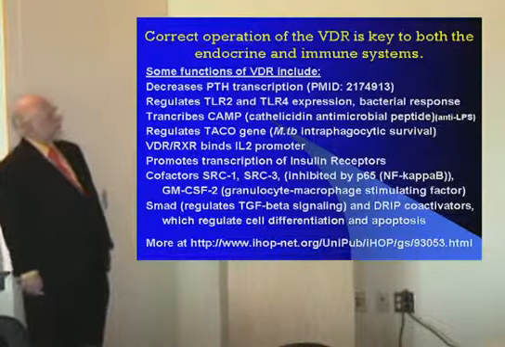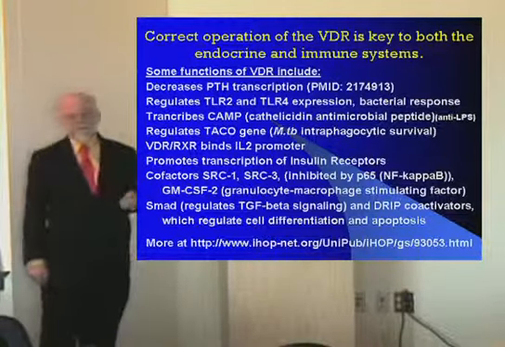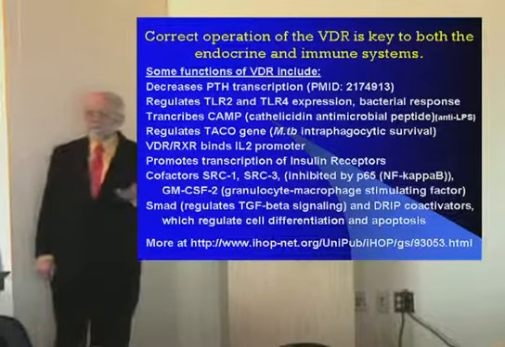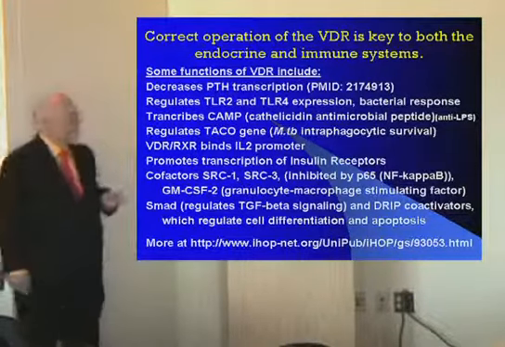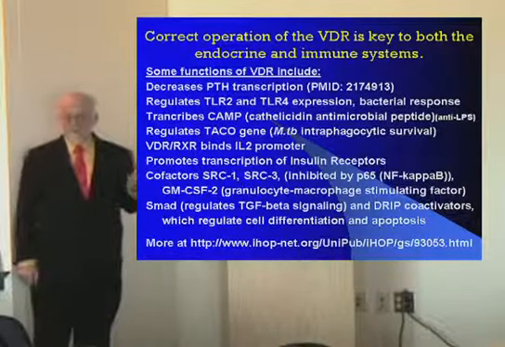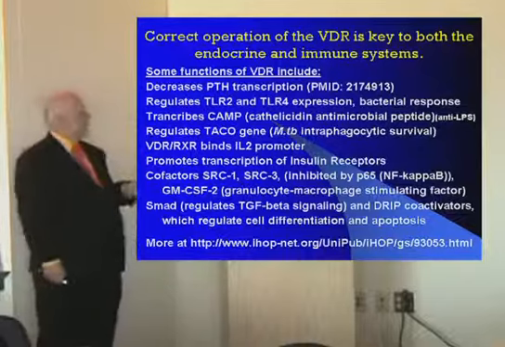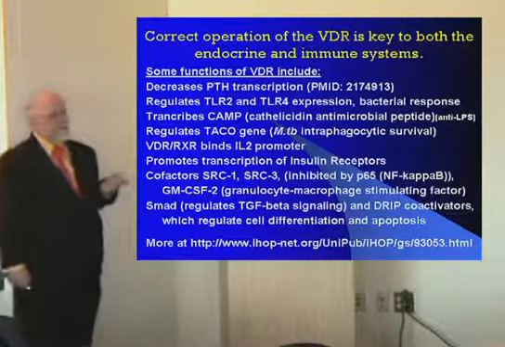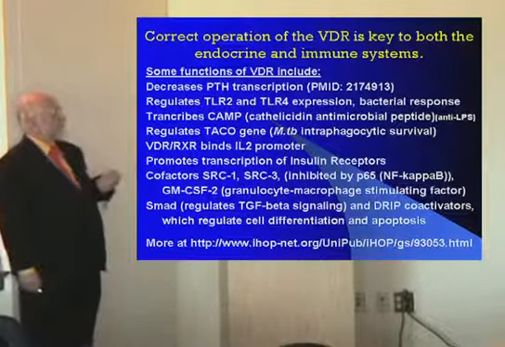It regulates the toll-like receptor 2 and toll-like receptor 4 expression, and these are receptors which are on phagocytes, and they're part of the innate immune response. In fact, they're key to the innate immune response. VDR regulates them and consequently regulates the response of the body to bacteria.